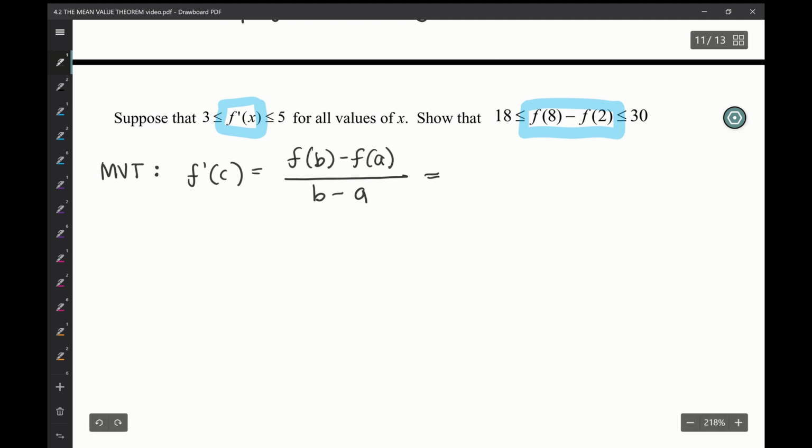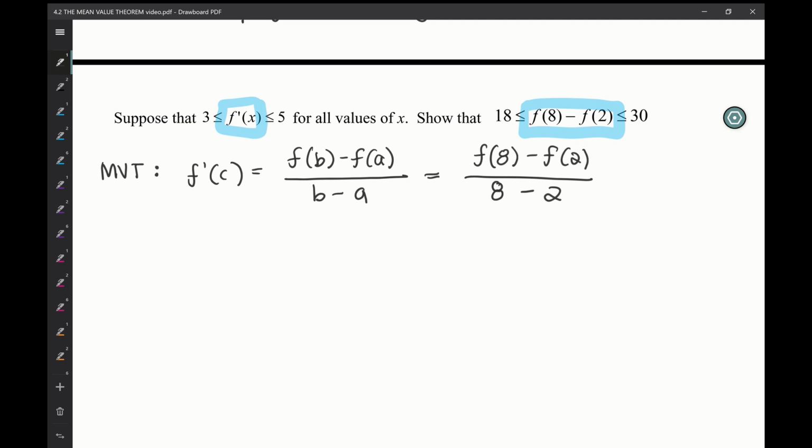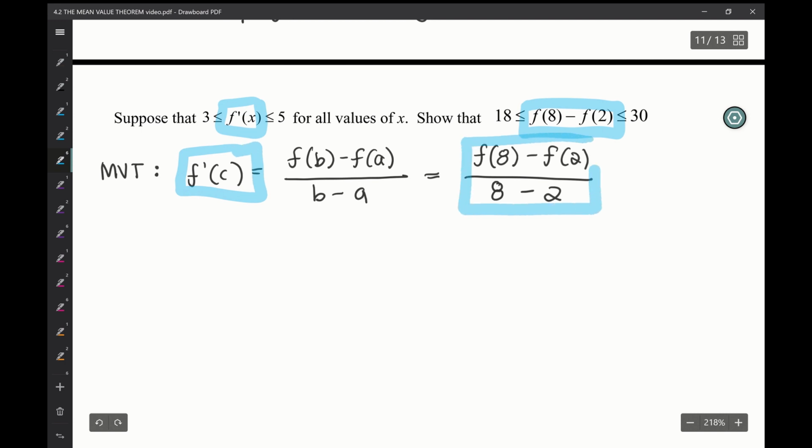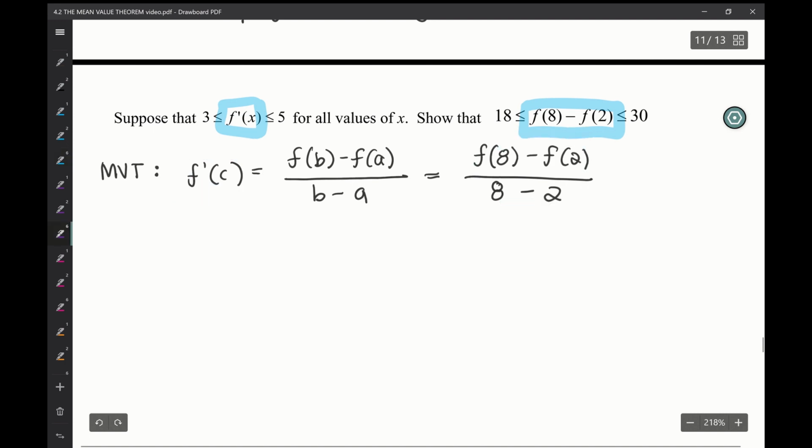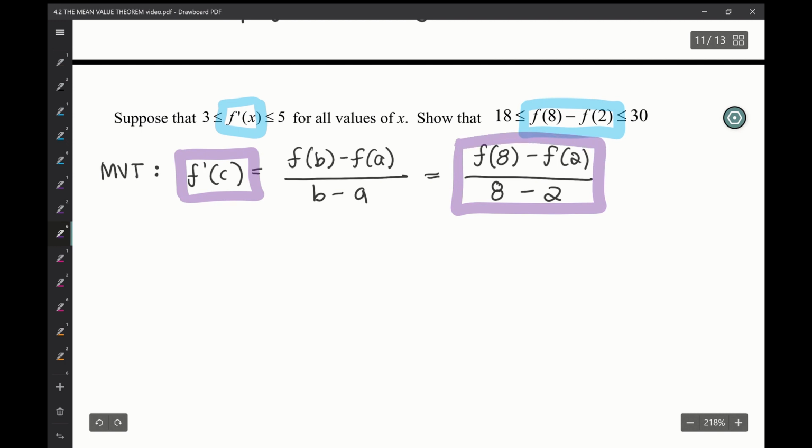So if we choose 2 and 8 for our a and our b, that means that we have some sort of f of 8 minus f of 2 over 8 minus 2. So we have that f prime of c is equal to f of 8 minus f of 2 over 8 minus 2.